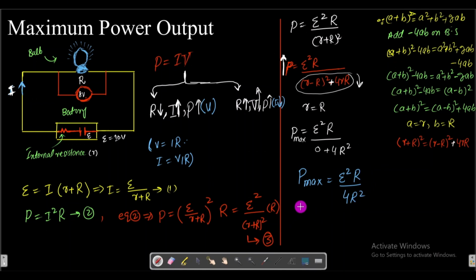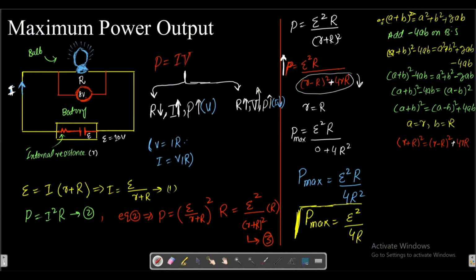One R and the second R will be cancelled, and the final equation for the maximum power output will be P max is equal to electromotive force squared divided by 4R, and this is the expression for the maximum power output.